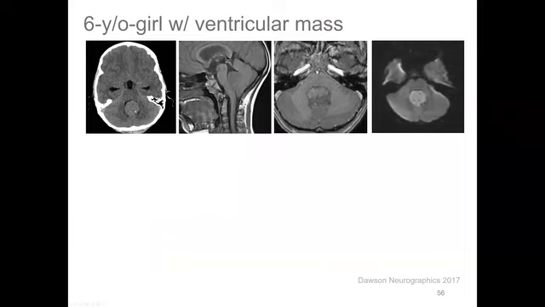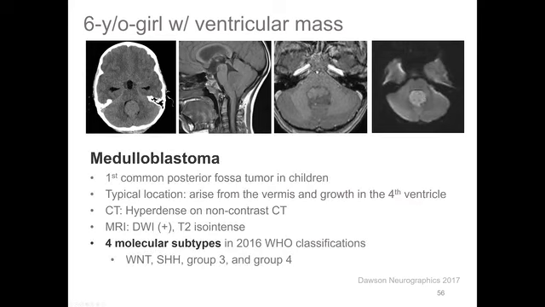The CT shows high density, meaning a high cellularity tumor, and it is T2 hypointense, and post-contrast it may have strong enhancement or minimal enhancement, depending on the different types of medulloblastoma. But the important thing is it shows restricted diffusion. This is the most common posterior fossa tumor in children, typically arising from the vermis and growing into the fourth ventricle.